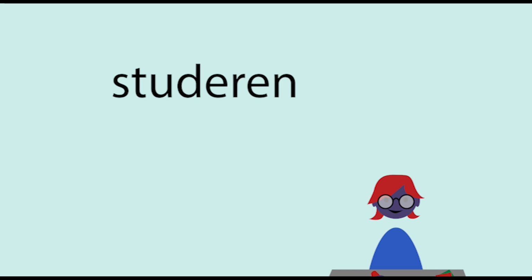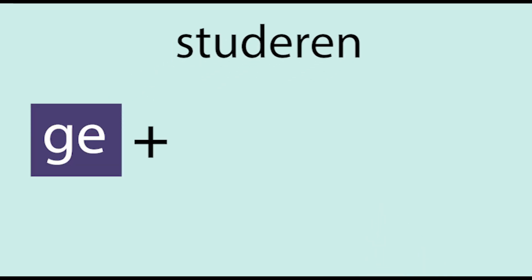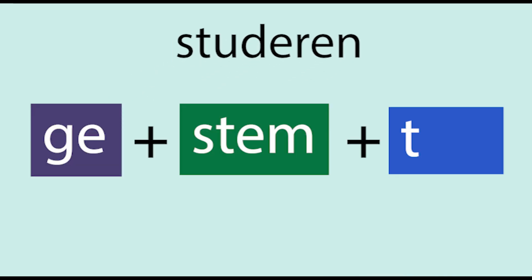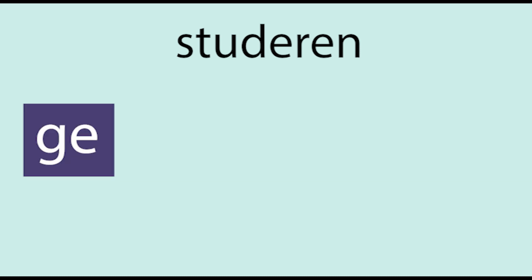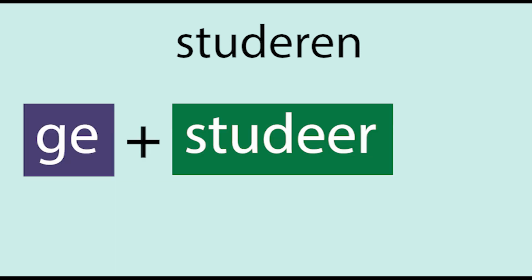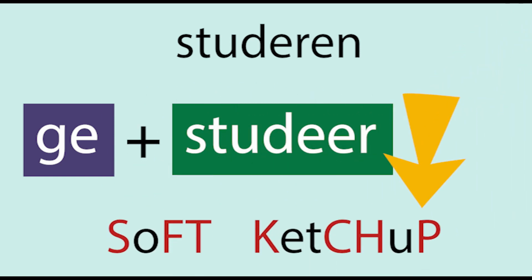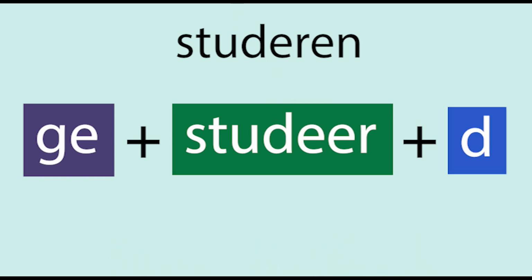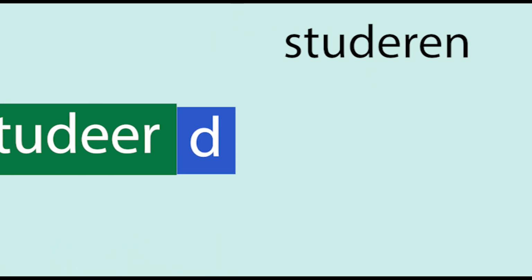Let's try another one. Studeren. So we need ge plus the stem of the verb plus a T or a D. Ge plus studeer. The last letter of the stem is R, which isn't in soft ketchup. So the final letter is a D. Gestudeerd.